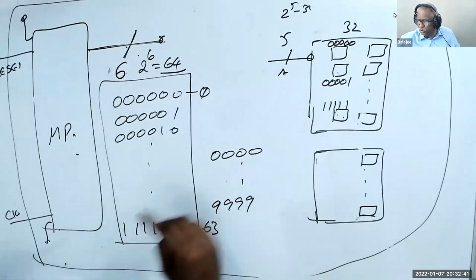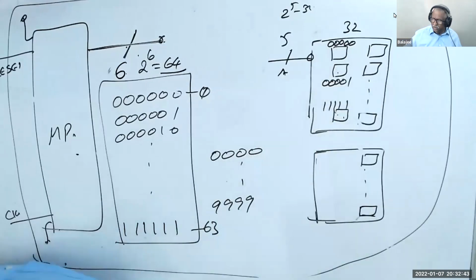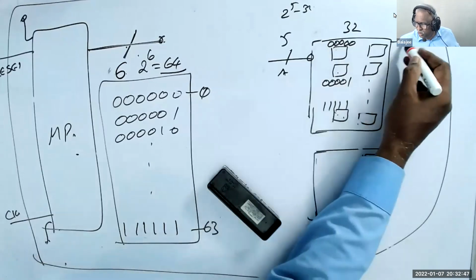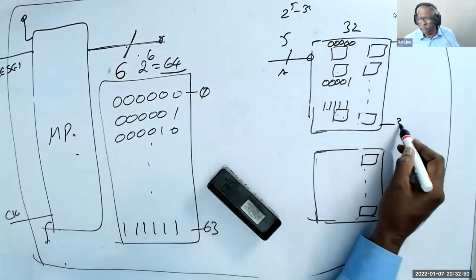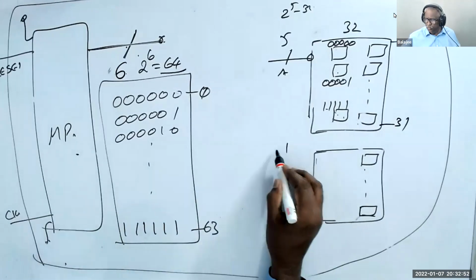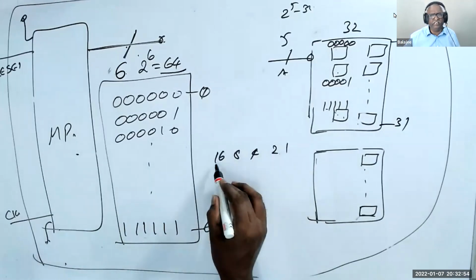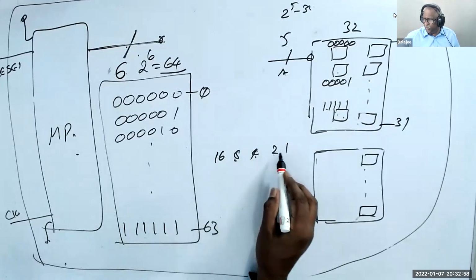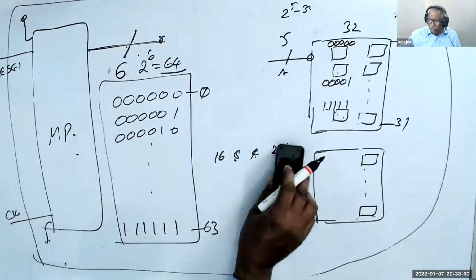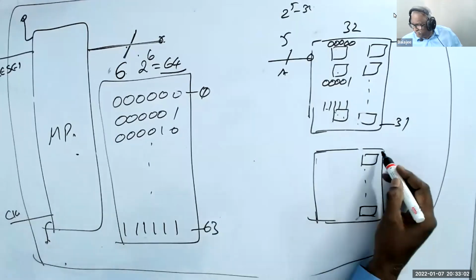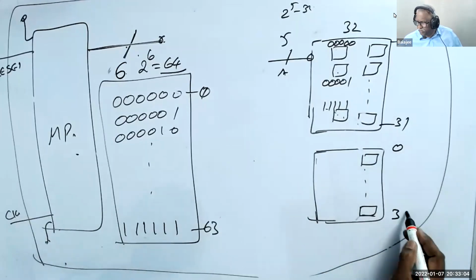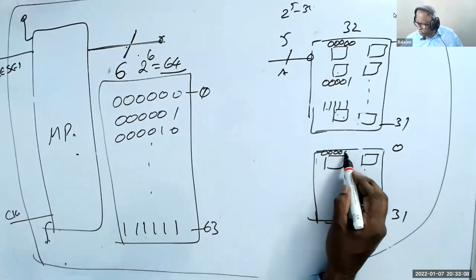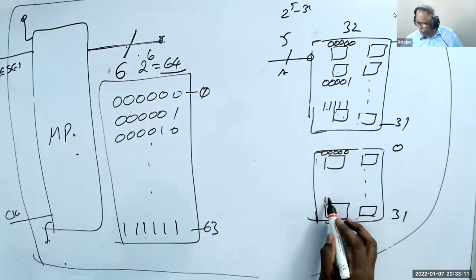Like that here, 0, 0, 0, 0, 0 means 0, and 1, 1, 1, 1, 1 is 31, because 1, 2, 4, 8, 16: 16 plus 8 is 24, plus 4 is 28, then 30, 31. This one also has the same thing, 0 to 31.